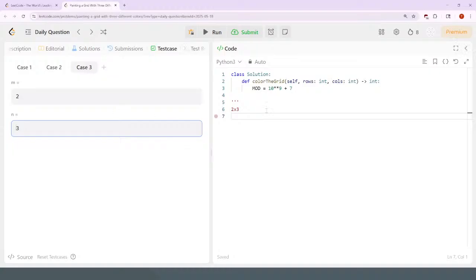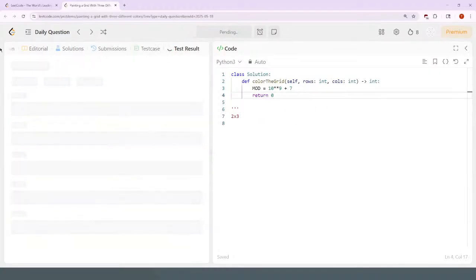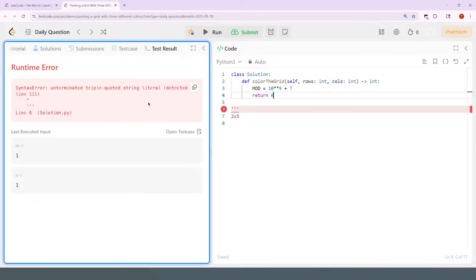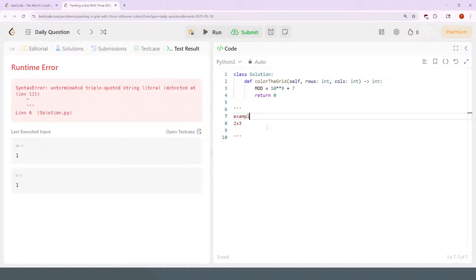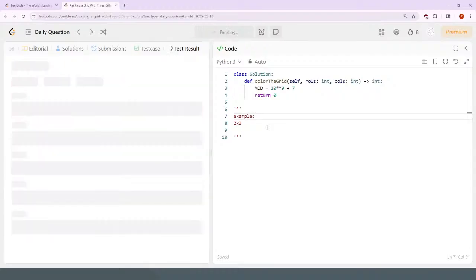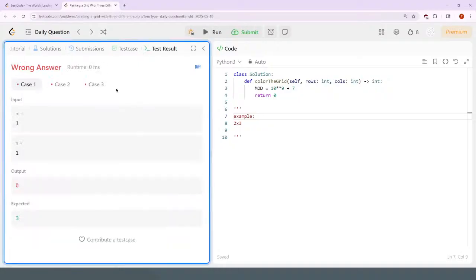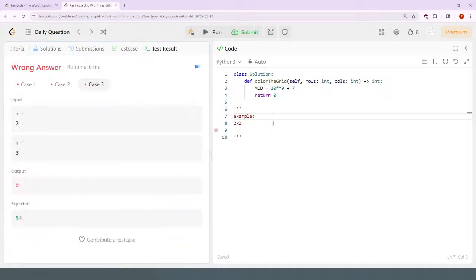I'm going to assume that the answer is 0. But the actual answer is, I don't know, so how many ways to color 2 by 3? 54 ways.